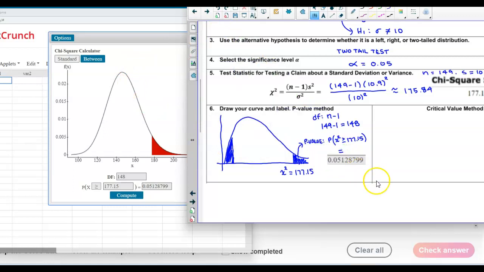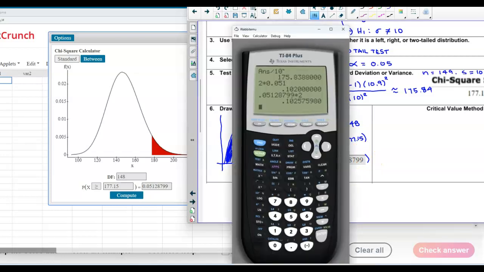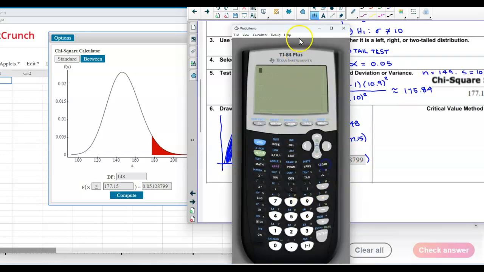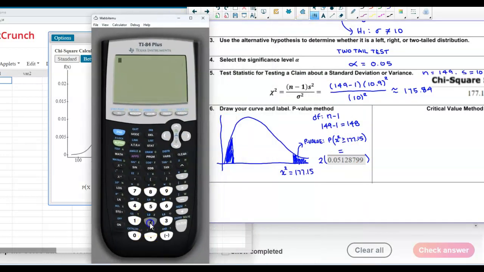And so we're going to take that p-value and then multiply it by 2. So let's go ahead and do that. So here we're going to take 2 and multiply it by 0.05128799, and then we get 0.1025, and we're going to round that to 3 decimal places.